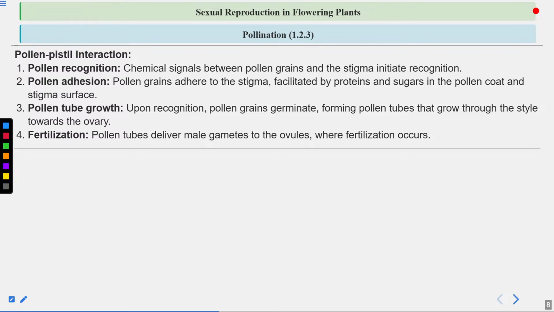The intine layer comes out in the form of a tube, and obviously there is a membrane, the plasma membrane, just below the intine. So this intine layer is involved in the formation of the pollen tube.